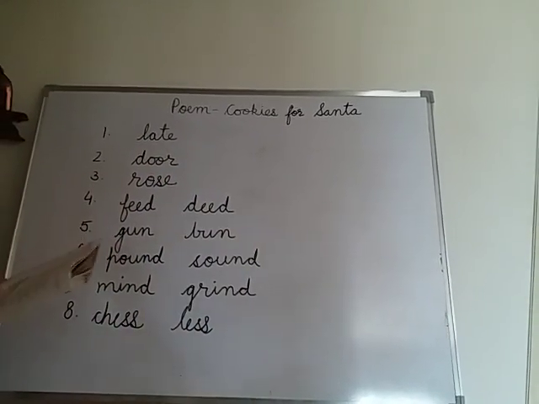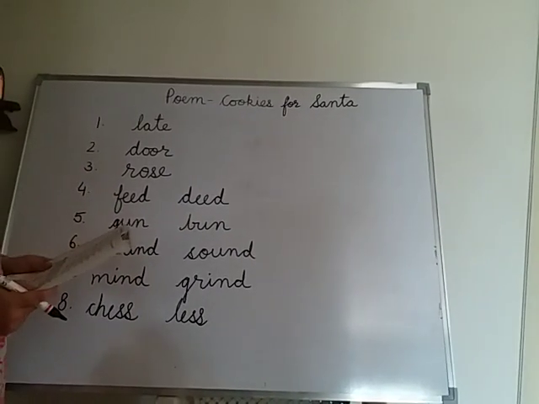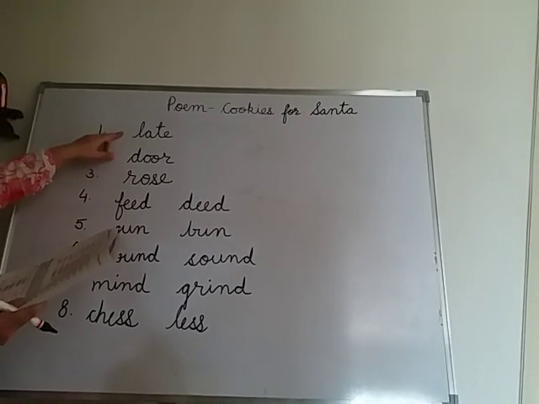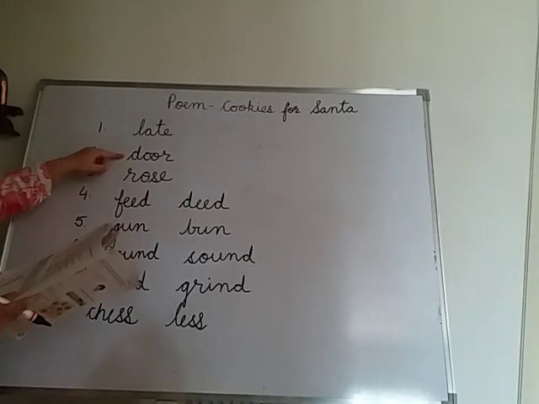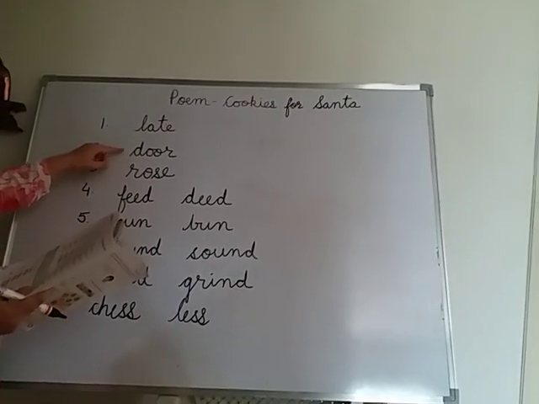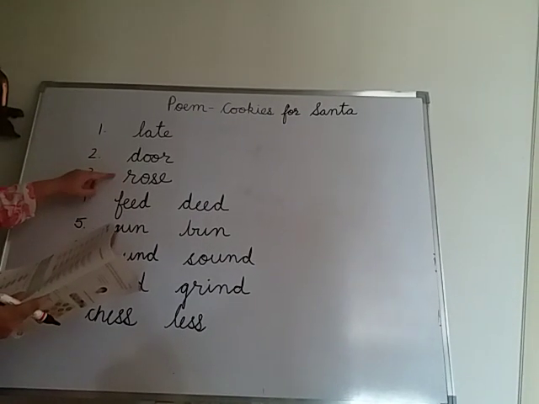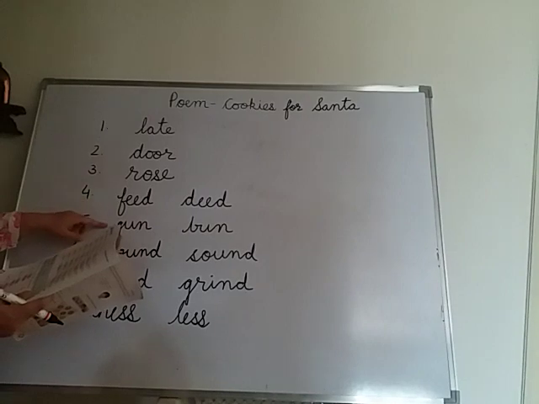So now you have seen that we have written rhyming words. So I am reading for you. You can also repeat with me. Follow me children. First is plate, ate, late. Next, more, for, door. Next, those, goes, rose. Next, need, feed, deed. Next, done.